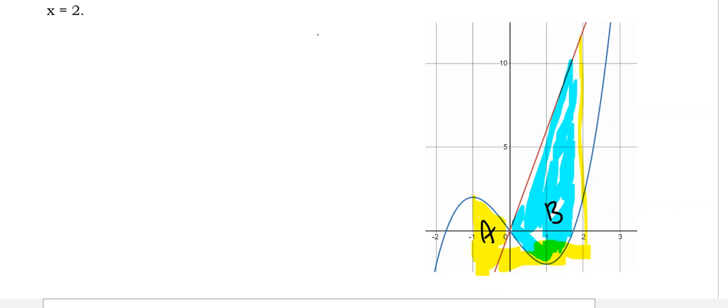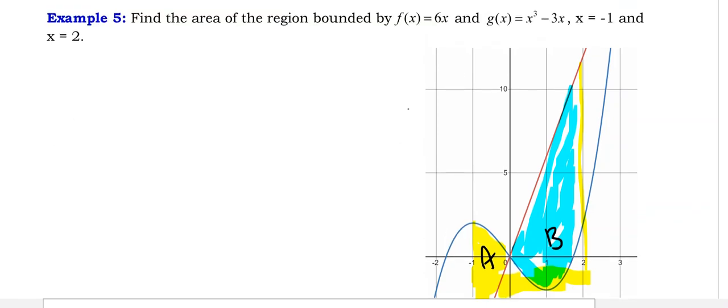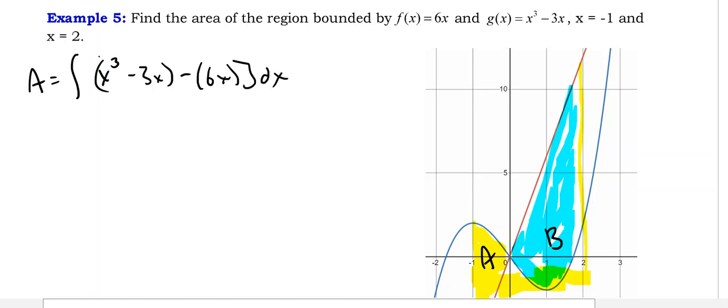And so again, area A is where the cubic is above the line, which is f of x. So we're going to have x cubed minus 3x, the top curve, minus the bottom curve, 6x. And that is going to go from -1 to 0.